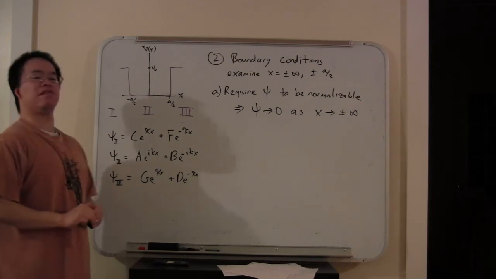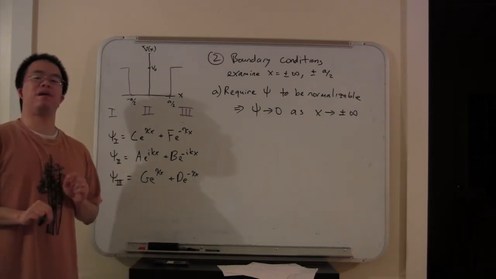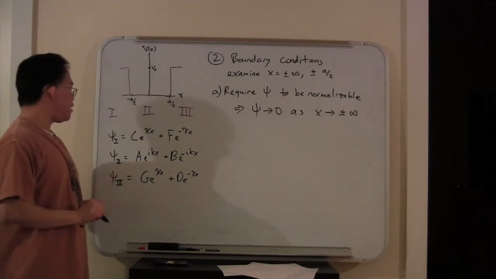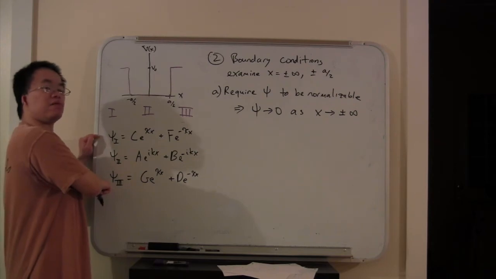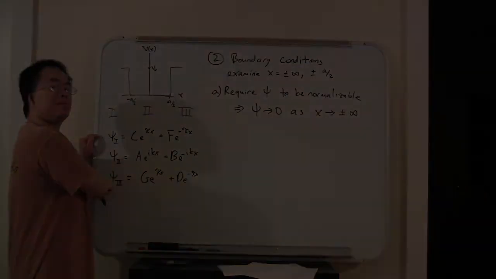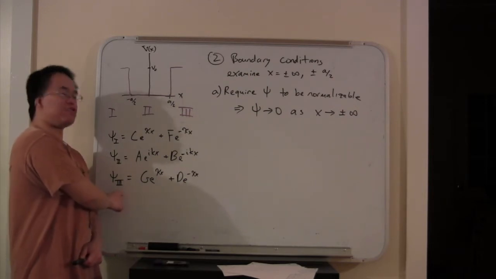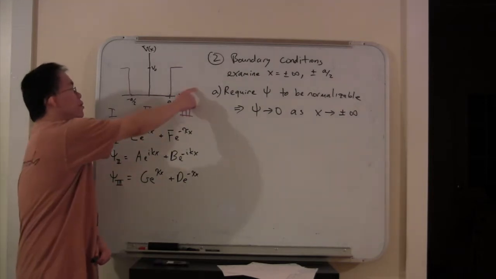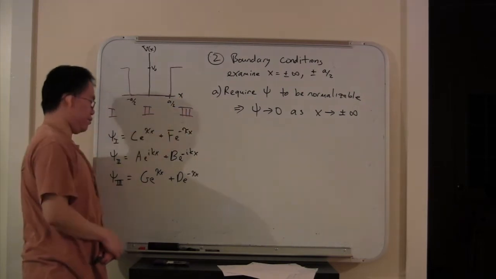Let's pay attention to this for a second. I claim that this will help us eliminate some terms in the form of the wave function outside the well. So maybe it's easiest to first think about this region, for x larger than a over 2.